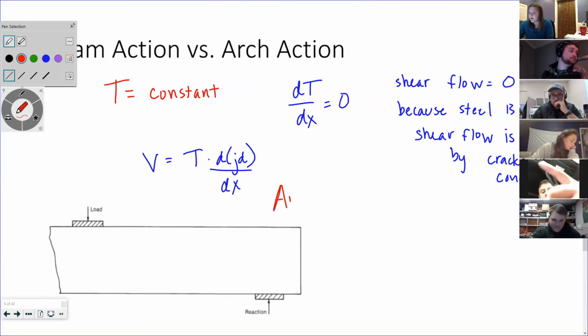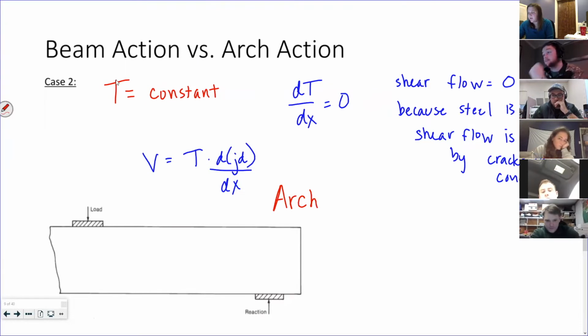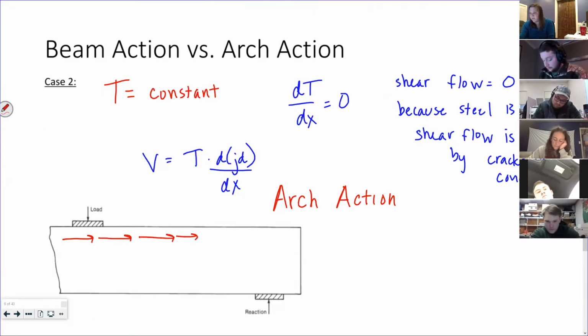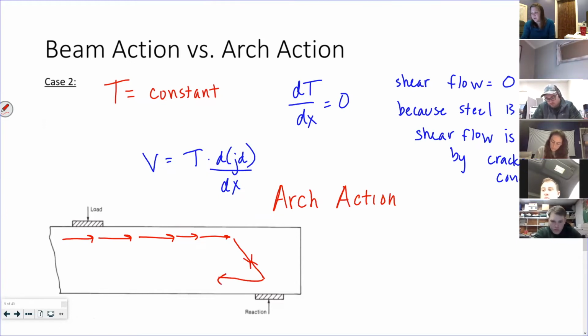This is called arch action. It basically means now your beam isn't acting like a beam, it's acting like an arch. What I mean by that is your flow of forces is like there's stuff at the top, and then stuff at the bottom, but not a lot happening in the middle.